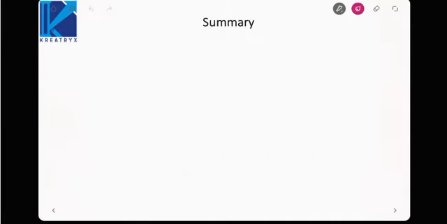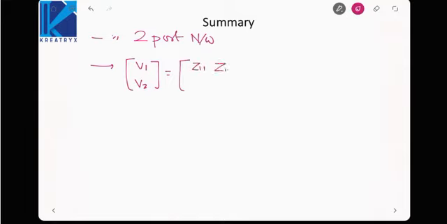So let us summarize what we covered in this lecture. I told you what is meant by a two-port network. Then we saw the Z parameters. V1, V2 equals Z11, Z12, Z21, Z22 times I1, I2. Here for symmetry we define Z11 equal to Z22.